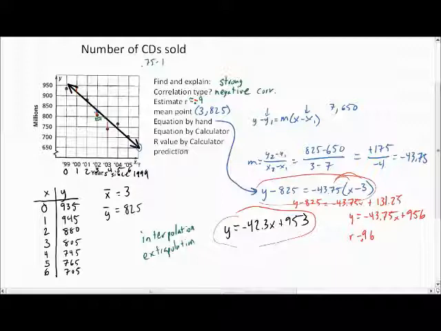But anyway, so if we want to do that, then what we could do is say, well, 6 was 2005, 7 was 2006, 2007, 2008, 2009, 2010, 2011, 2012, 2014. So in 2014, my x value would be 14, so we can just put it into the equation. So we say how many CDs are sold, that's the y, about how many would be sold in that year. Okay? And just work it out.